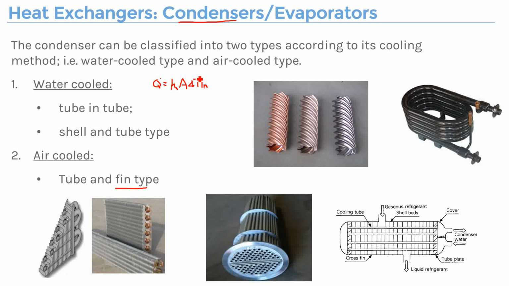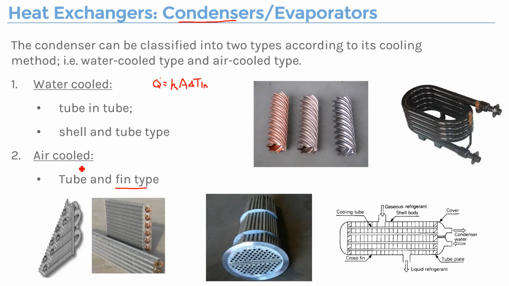That's for convection. For the water-cooled, we prefer tube-in-tube or shell-and-tube. It basically provides less friction. Because if you want the water to move through all these heat exchangers, you have the work input. If you have very large friction, you need a larger pump. So maybe that's not preferable. That's why we prefer tube-in-tube or shell-and-tube.